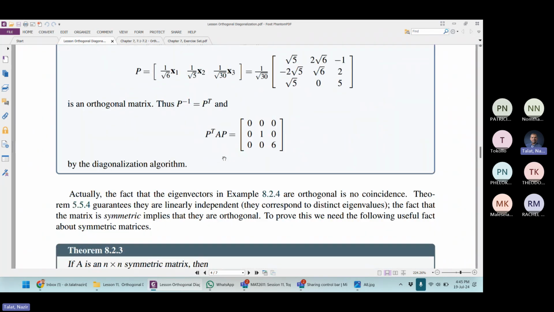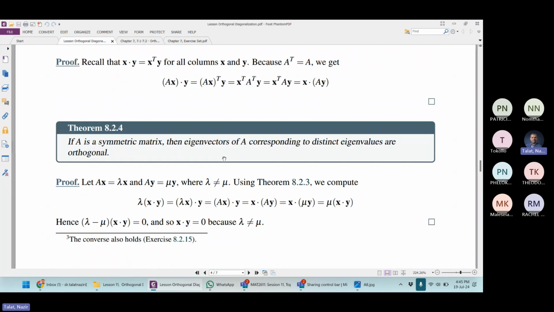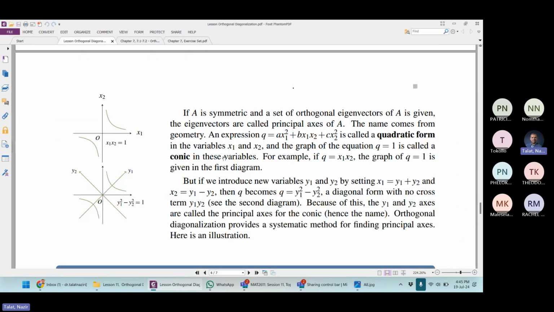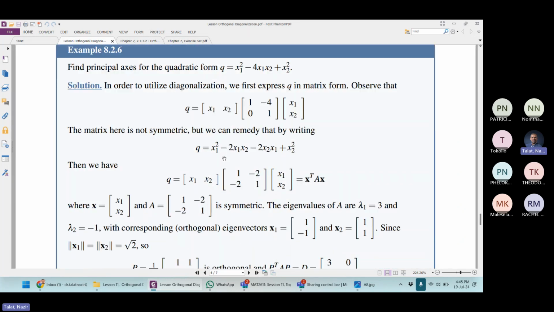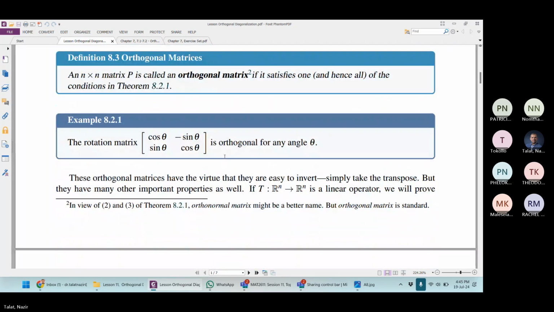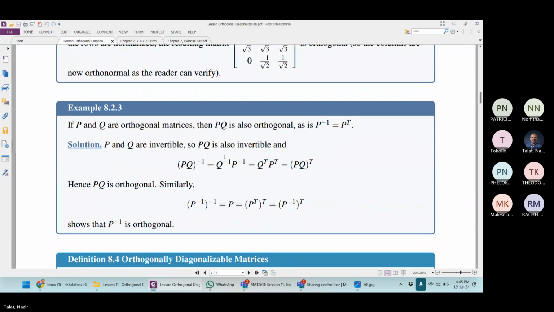Similarly, you have some proofs available. For instance, in the notes: if P and Q are orthogonal matrices, then the product is also orthogonal.